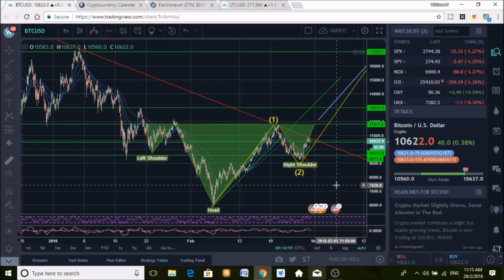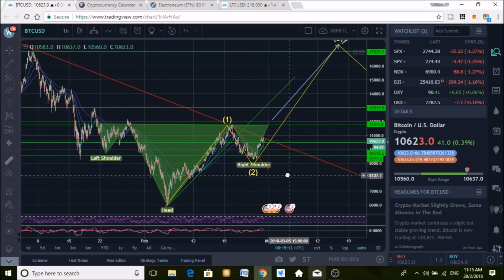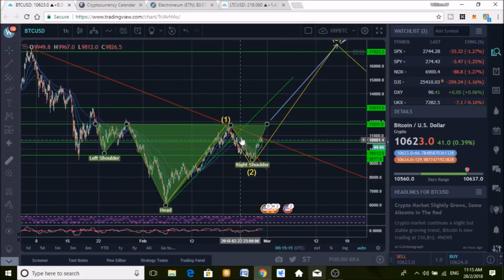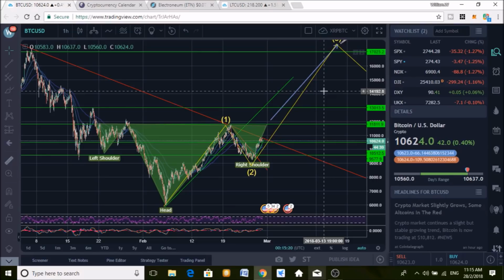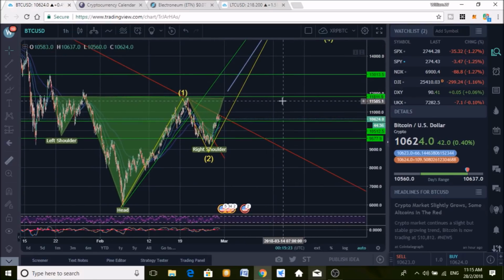But before we jump into that, let's just have a quick look at Bitcoin's chart right now. If you watched my video yesterday, I drew this possible inverse head and shoulder formation, and I gave out two possible outcomes, all depending if we can break out this long-term downtrend line and the neckline around $11,800.